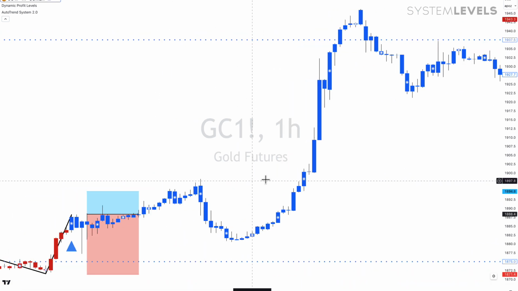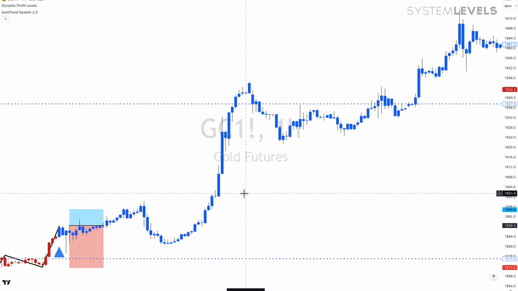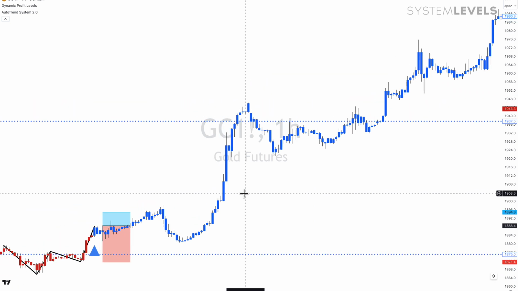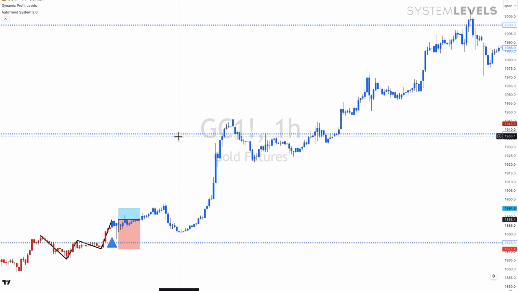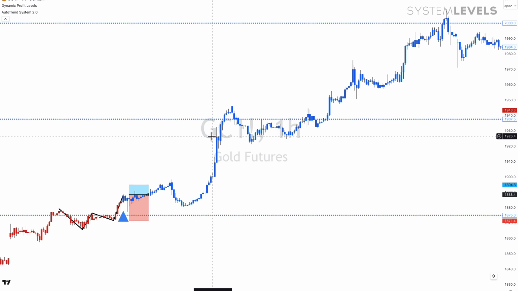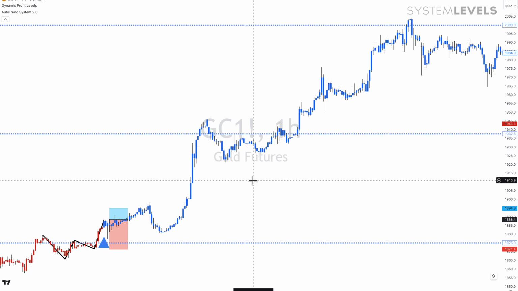What about our take profit target? Where are we targeting with this trade? Well, that's where the dynamic profit levels indicator comes in. You can see these dashed lines on my chart. This is the dynamic profit levels, or DPL for short. The DPL basically plots these very strong support and resistance levels on our chart, and these are plotted automatically.